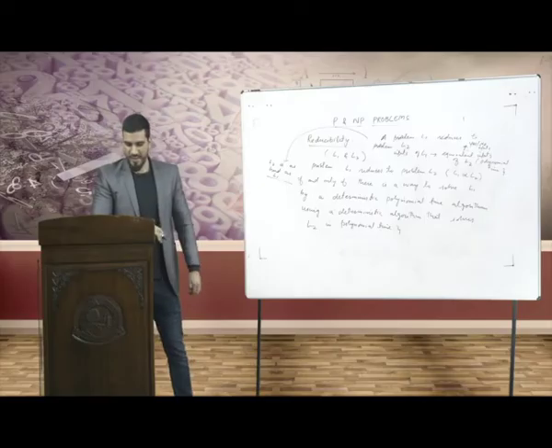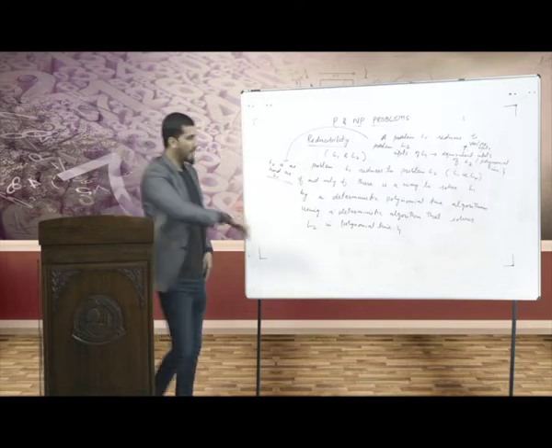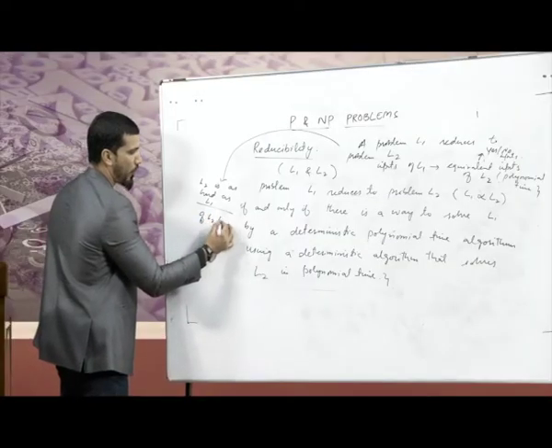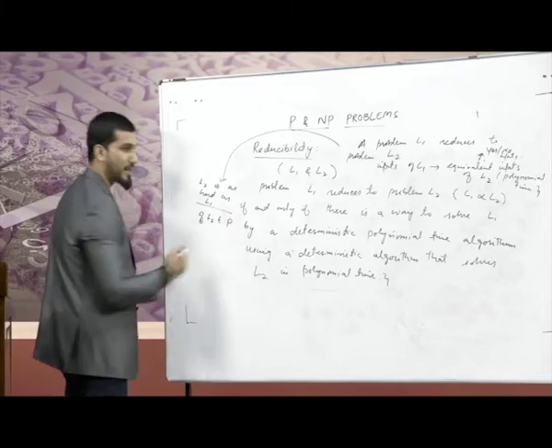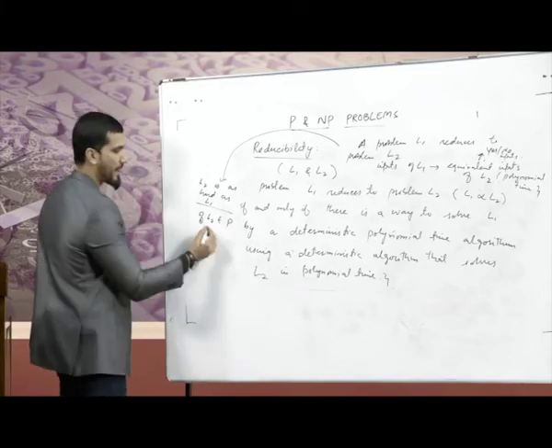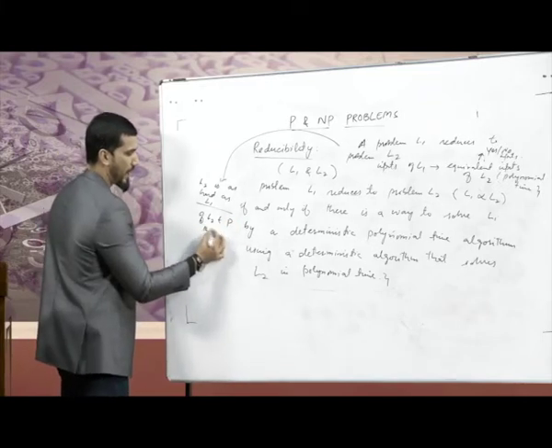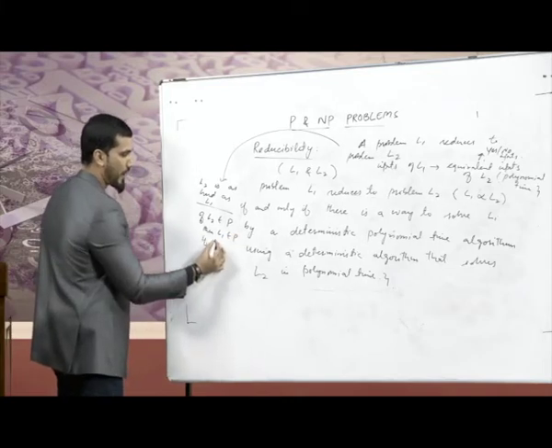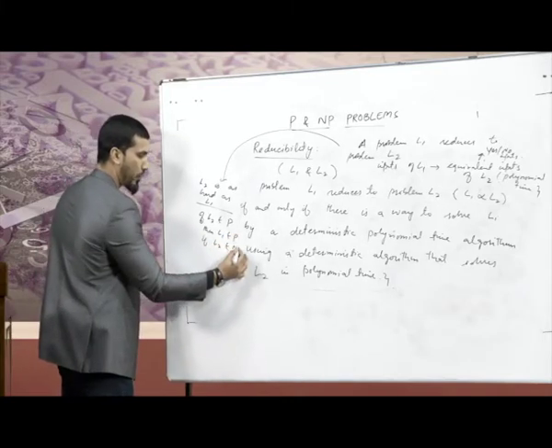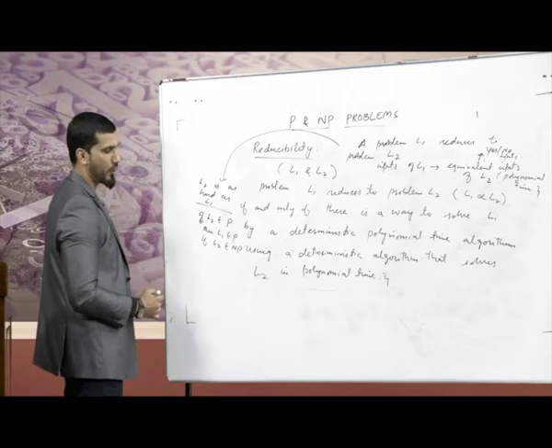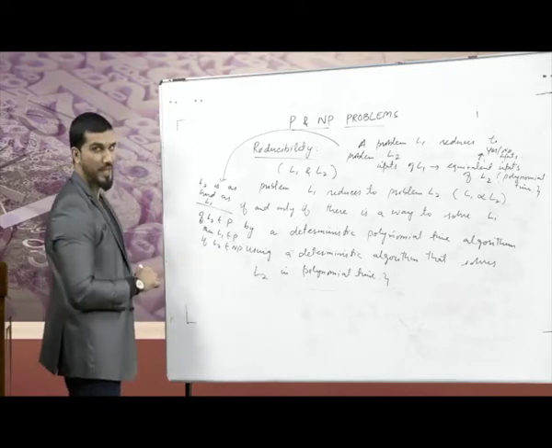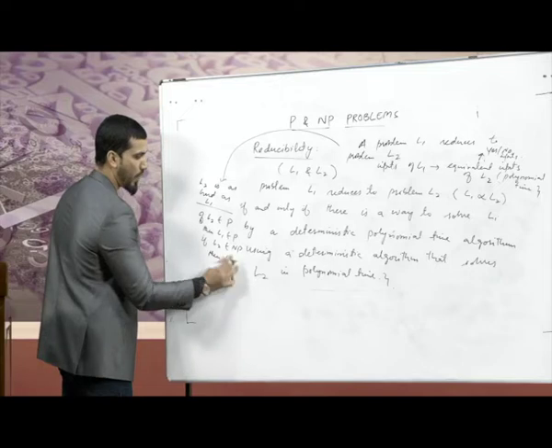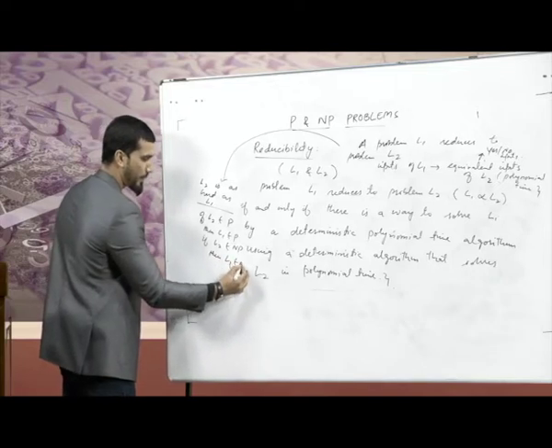Or we can say that if L2 belongs to polynomial type, then L1 belongs to P. Or if L2 belongs to non-deterministic polynomial time set, then L1 belongs to NP.